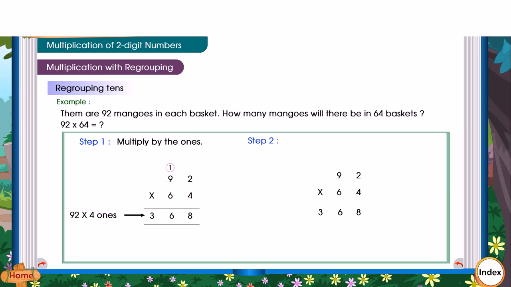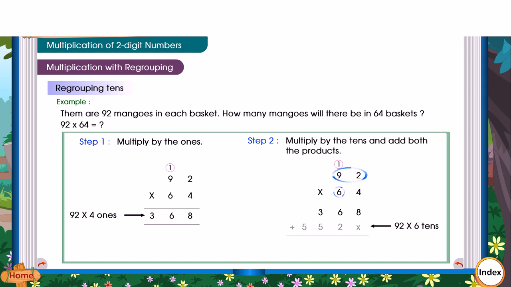Step 2. Multiply by the tens and add both the products. 92 into 6 tens is equal to 5520. Therefore, there will be 5,888 mangoes in 64 baskets.